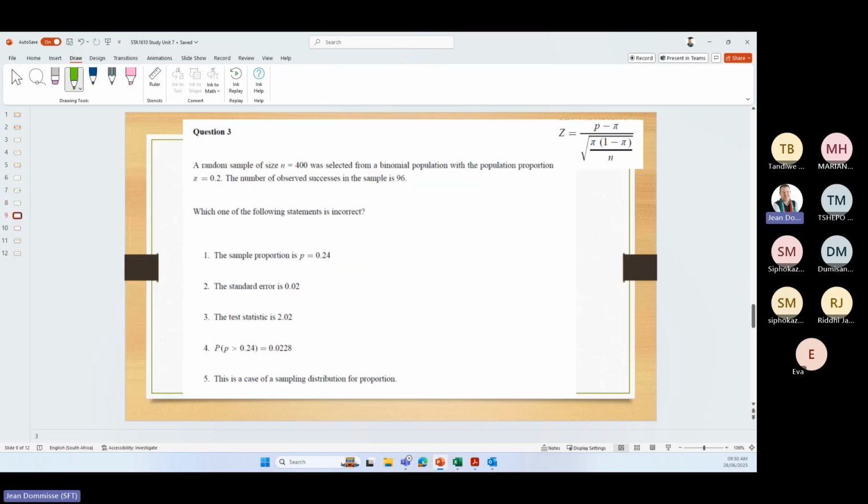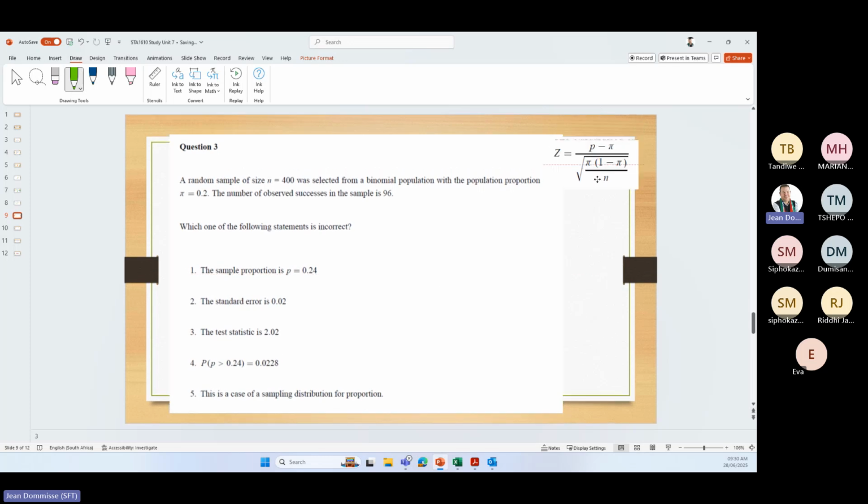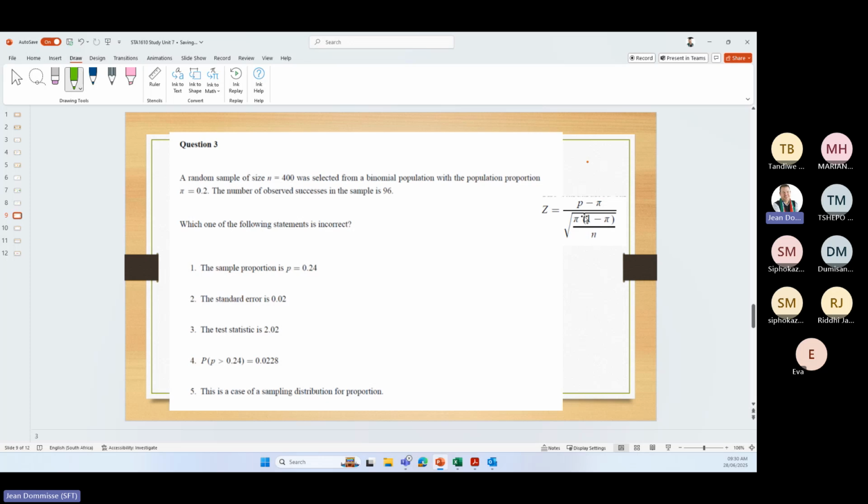Okay, so let's look at the next one, and I have copied in the formula for the proportion, because I always struggle to remember that one. So let's look at what they say.